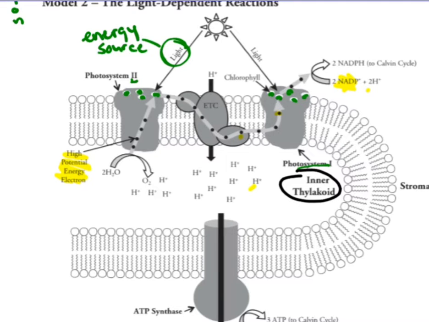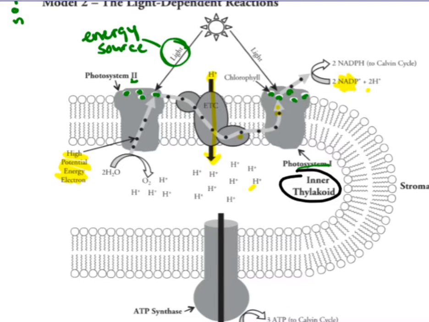So two things are happening with this electron so far. This electron has become excited and it's moving through the electron transport chain. As it's moving through, it's attracting hydrogens through those proteins into the center of the thylakoid. When it comes over here, it is replacing an electron. The electron that was already here becomes excited and joins NADP+.